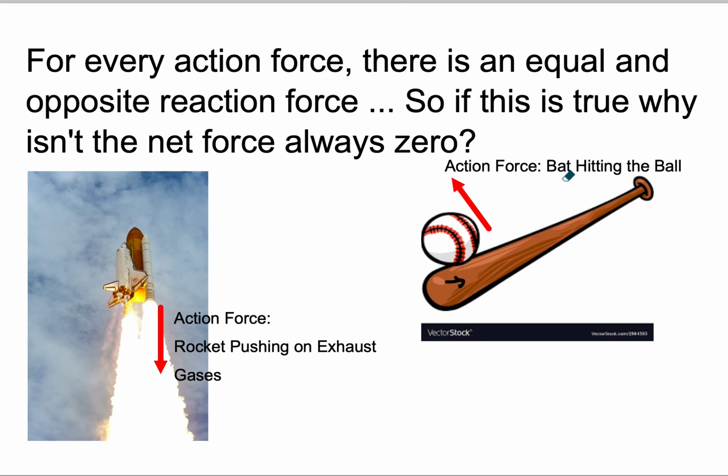I have the action force, a bat hitting a ball. Now the reaction force would be the ball hitting the bat. Those forces have to be exactly the same amount in opposite directions. So why is it that the net force isn't zero? Why is it that the ball actually travels off of the bat and goes forward? Can someone explain that to me?